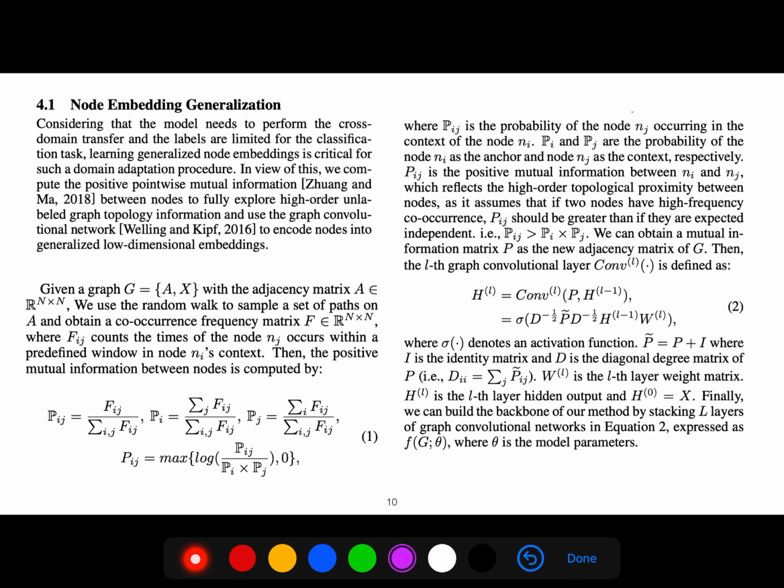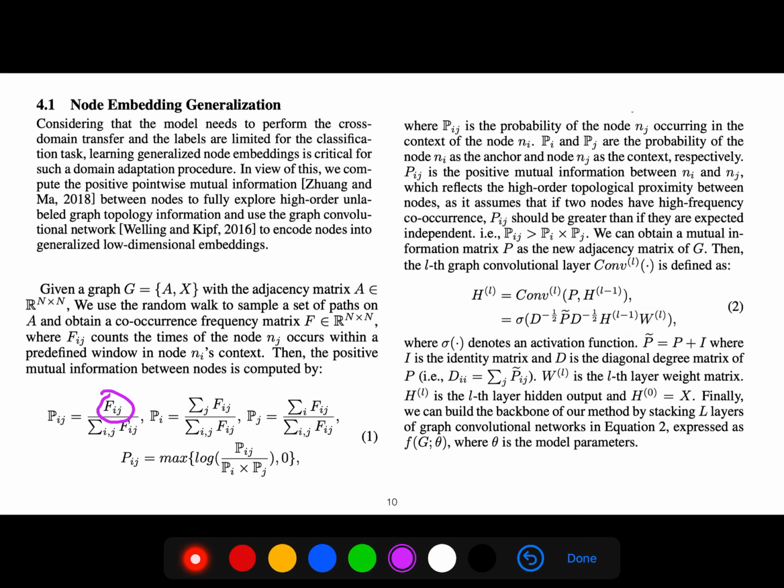Node embedding generalization. So given a graph with adjacency A, we use random walk to sample a set of paths on A and obtain the co-occurrence frequency. And this f sub ij accounts the times the node nj occurs within a predefined window in node ni's context.